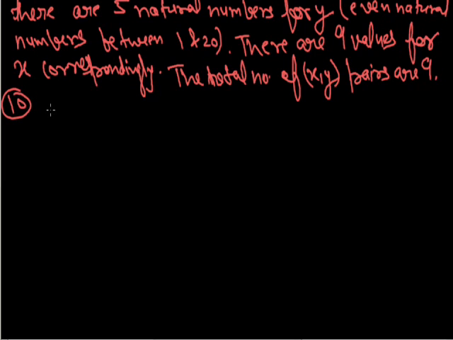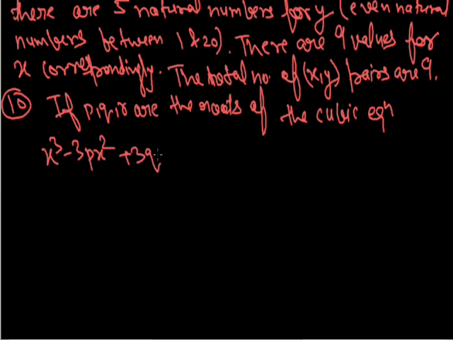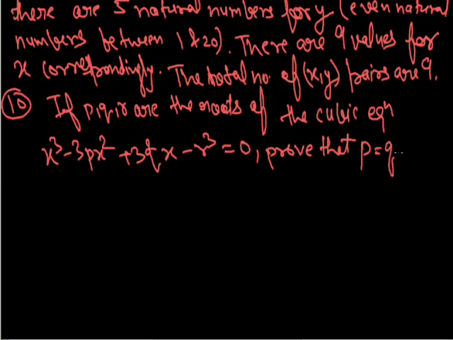Next question, question number 10. If p, q, r are the roots of the cubic equation x cube minus 3p x square plus 3q square x minus r cube is equal to 0, then prove that p is equal to q is equal to r.